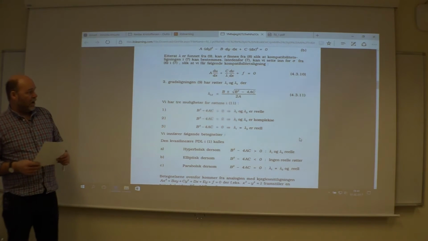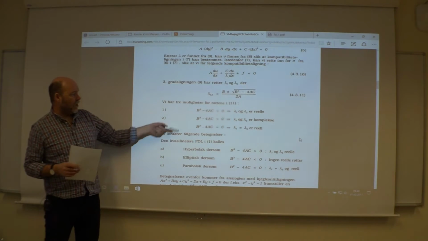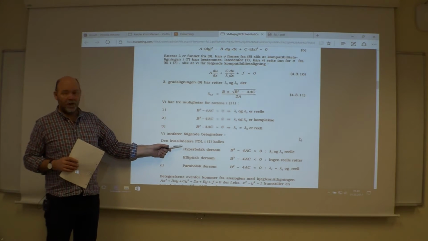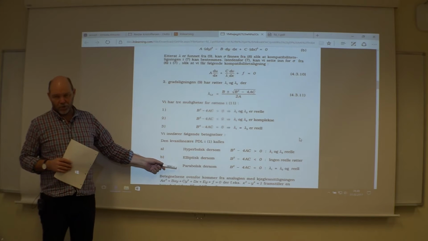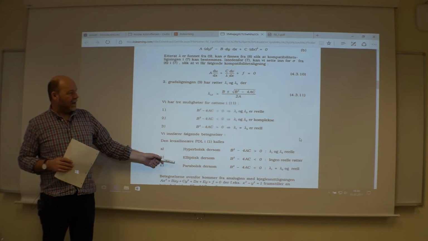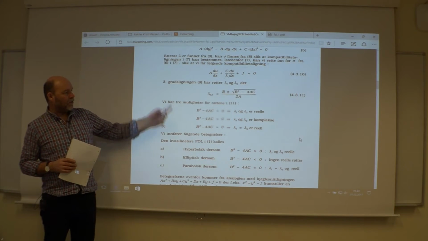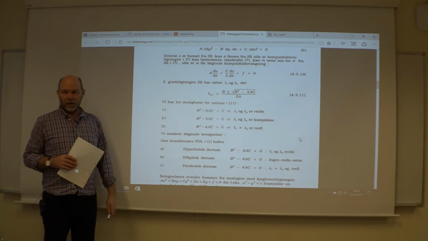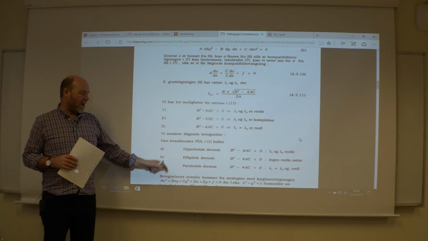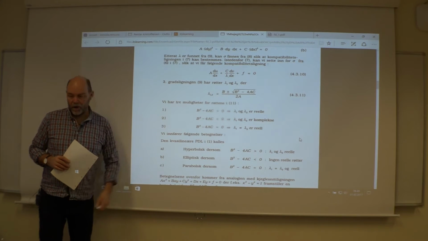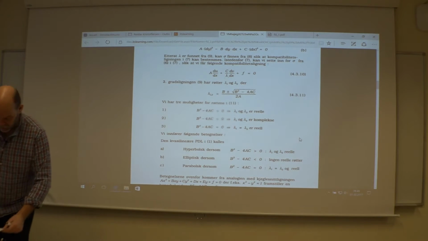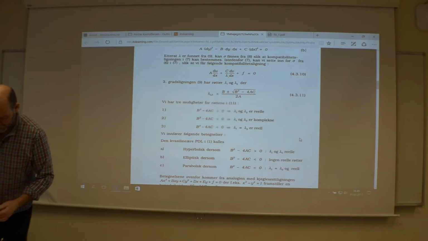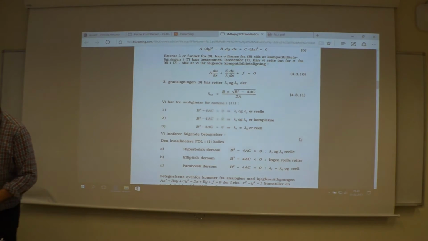This way of deriving what type of equation you have, what family it belongs to, it's nice when you have a second order equation. When you have a first order, you can't really use this setup at all. So you sort of have to know where your equation belongs. Of course, with a little training, you will get the idea.